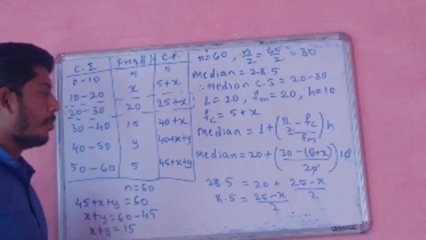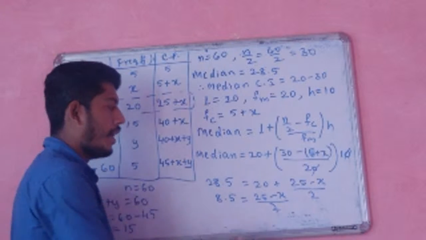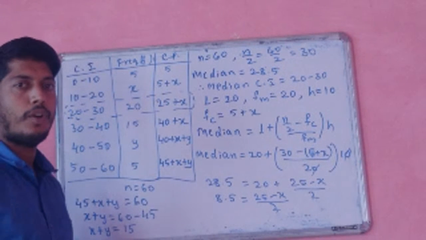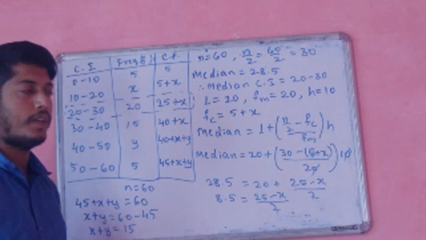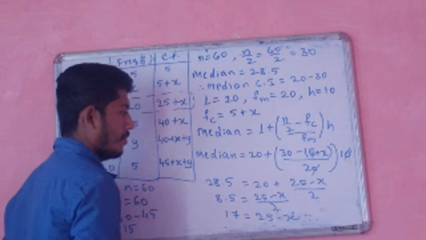Next I will cross multiply this. 8.5 into 2 is 17. So 17 equals 25 minus x.